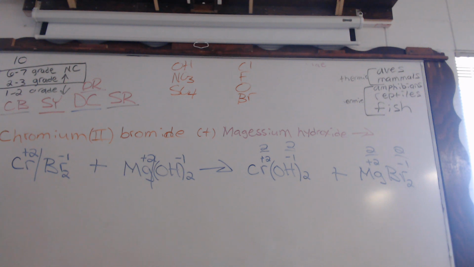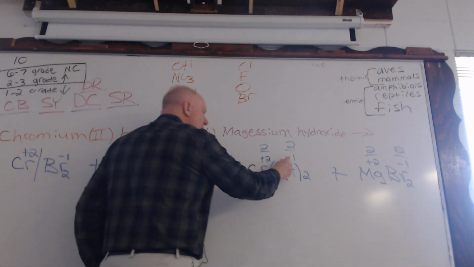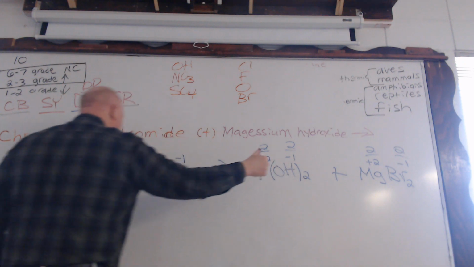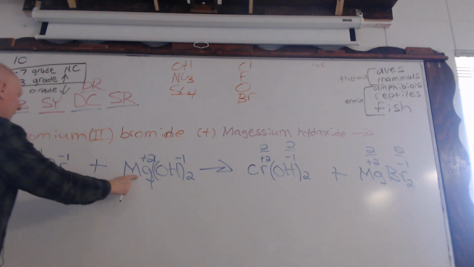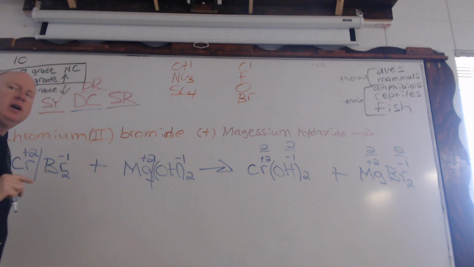Nothing changed. Because this was a +2 charge with a negative ion. This bonded as a +2 charge with a -1 ion. So that didn't change. This is a +2 ion that bonded with a -1 ion over on that side as well. So sometimes when you write these out, they're already balanced. Just got lucky.